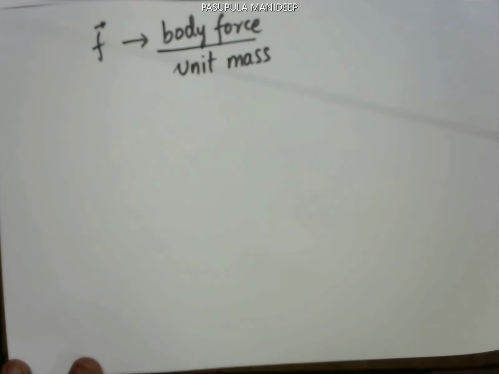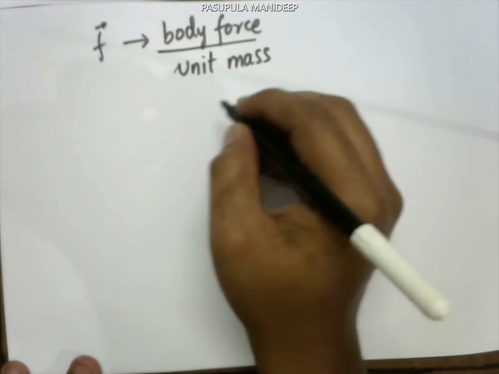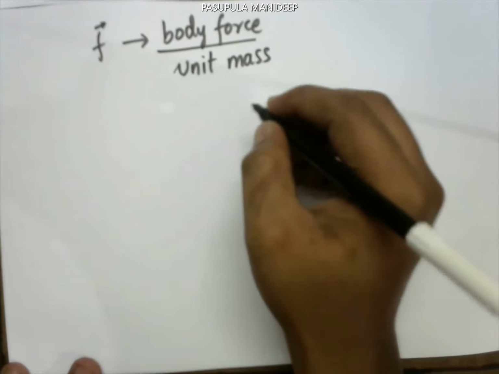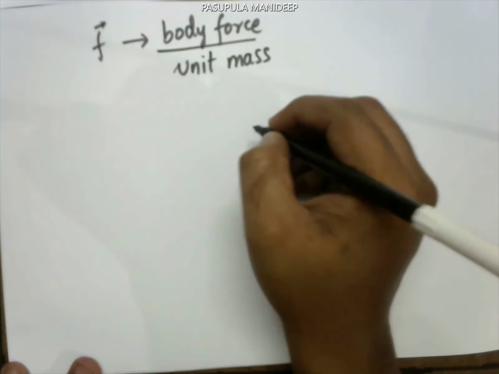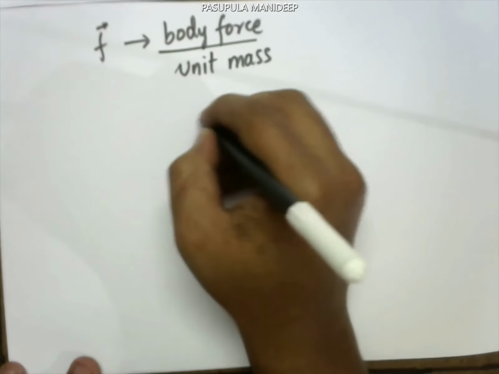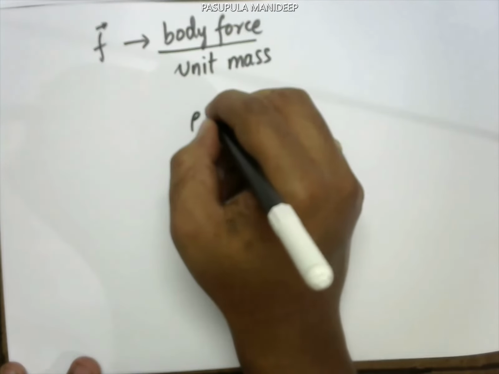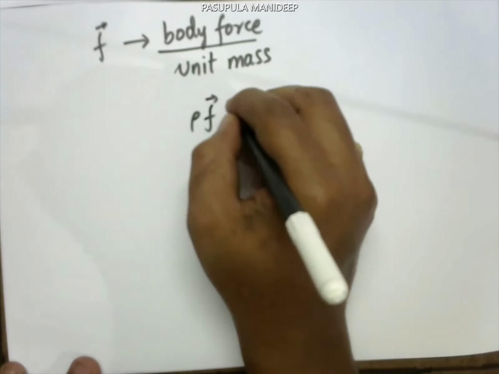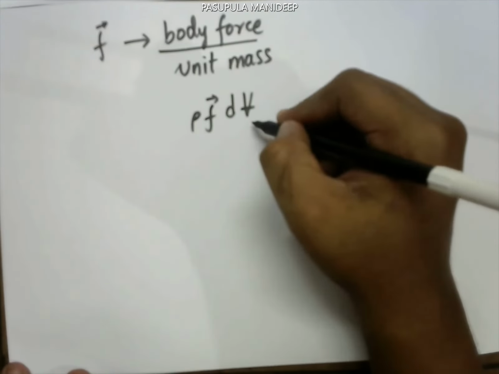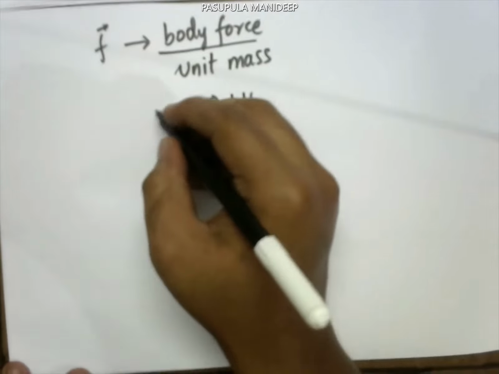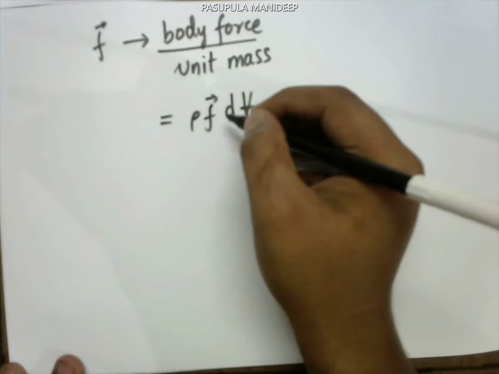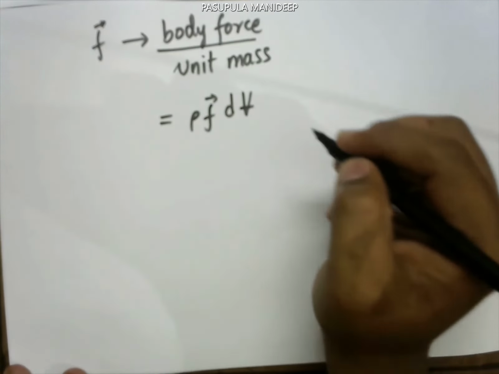So the body force on the elemental fluid element with the volume dV inside the control volume, the total body force acting on the dV element, will be equal to rho into F bar into dV, right?